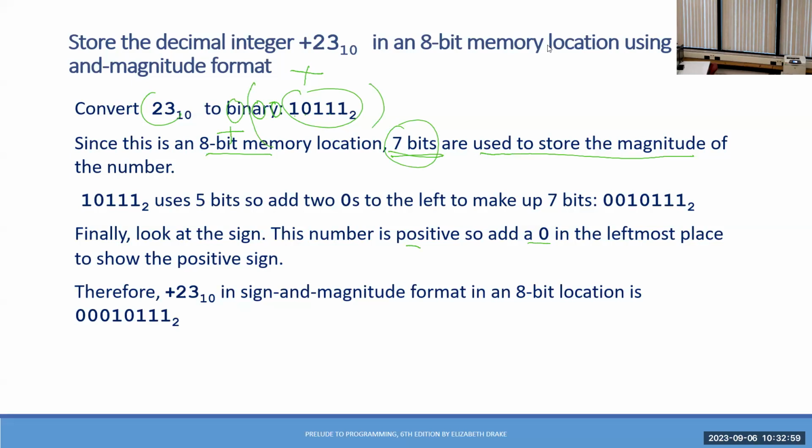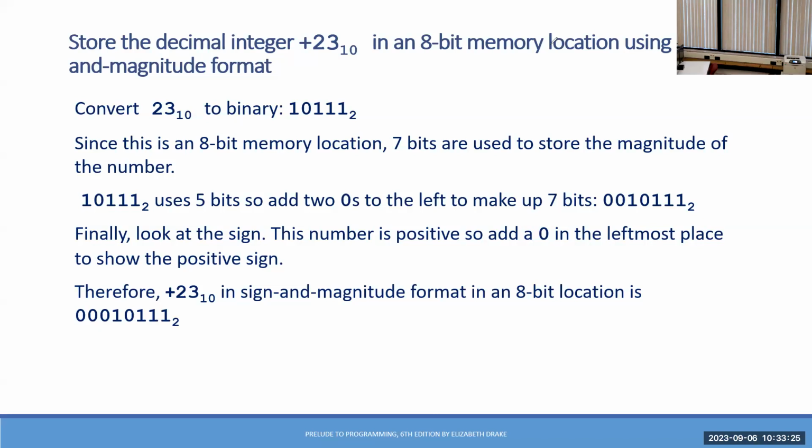It's very simple when you work with a positive number. Basically, with a positive number in sign and magnitude, you just convert it into binary, and you insert 0s on the left, because even the leftmost bit here is also 0 because of the positive sign. Make sense?